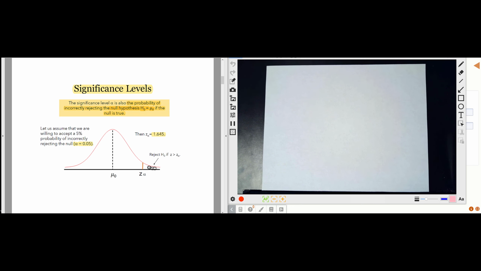All right? This is often misinterpreted as the probability that the null hypothesis is true. So we might misinterpret that if we get a value out here above this critical level, that means that there's only a 5% probability that the null hypothesis is true. That is not a correct interpretation.